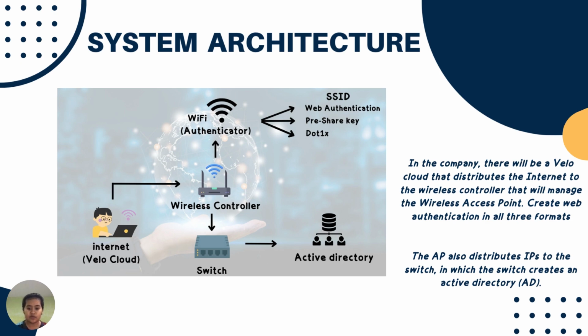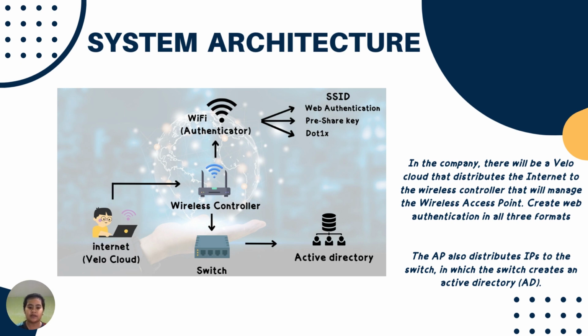And the AP also distributes IP to the switch, and with the switch creates the directory. So the below cloud sends the internet to the wireless controller, so it can use the internet.